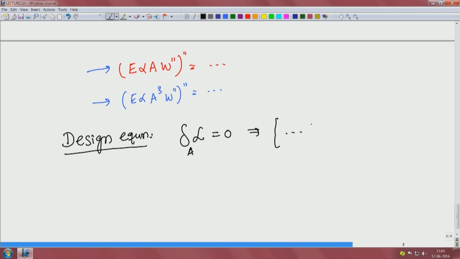There will be some expression times lambda times some expression equal to 0, that is the form of the design equation. We had already said that this particular thing will be the gradient, it will be an expression meaning at every point x, the gradient of the objective function.